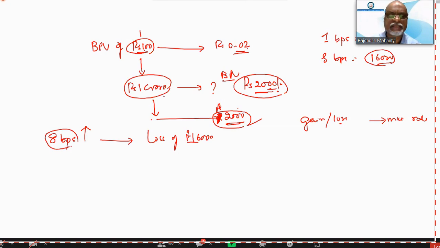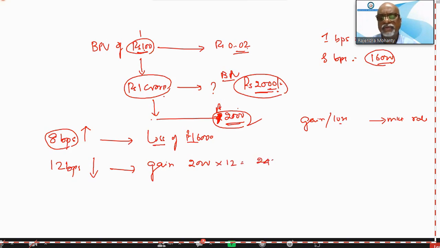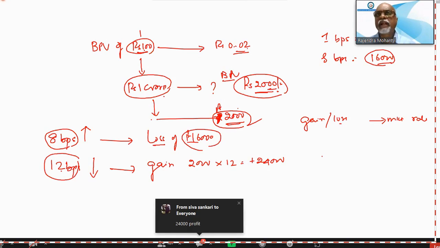If the question asks, say, for a 12 BPS decline in the market rate, the first thing is: when it is declining, it is a gain; when it is increasing, it is a loss. Then 2000 was for 1 BPS, so 12 BPS means 24,000. This will be the profit. So simply by multiplying the number of BPS with the BPV value, we can calculate the profit or loss, whatever the question is asking.